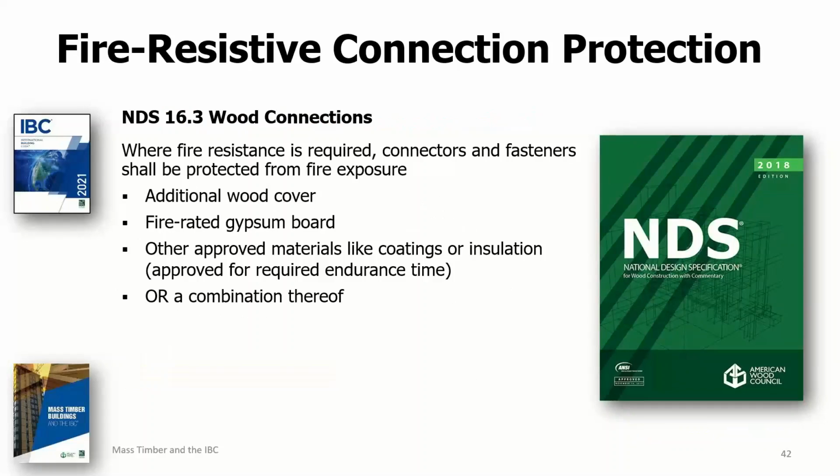NDS section 16.3 provides the requirements for the manner in which connections are to be protected. Connections that are between members which are required to be fire resistance rated must be protected from the fire exposure.